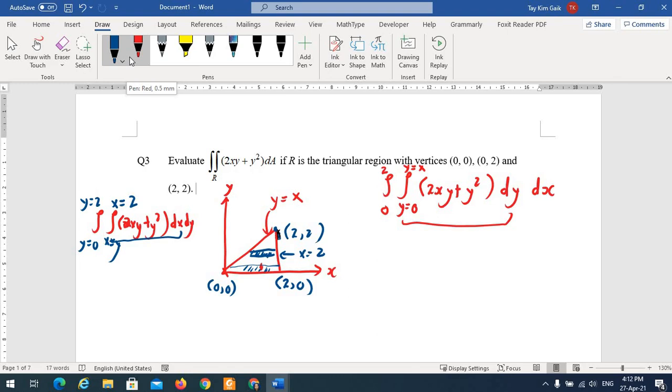Then sum the vertical bars from left to right, so the left point is the lower limit of x and the right point is the upper limit of x. With dx dy, you find the area using a horizontal bar; the lower limit is the left curve and the upper limit for dx is the right curve. Then you sum the horizontal bars from bottom to top, which is y equal to 0 up to y equal to 2. You can evaluate dx dy yourself. I'm just going to solve this one, because both ways give the same answer.